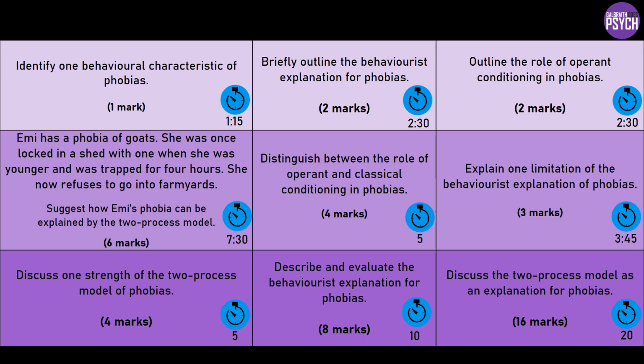Well, actually, if we ask people about their phobias, not all of them tell us there was some kind of event. Well, this undermines the two-process model, as I said, because classical conditioning says there should be some kind of event that started it. So this undermines the validity or the credibility of the two-process model as an explanation for phobias.